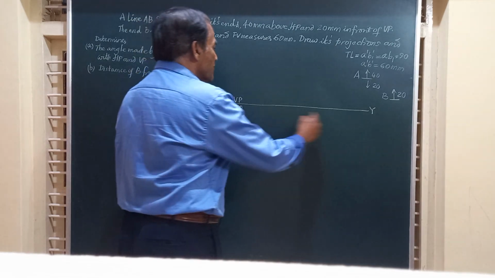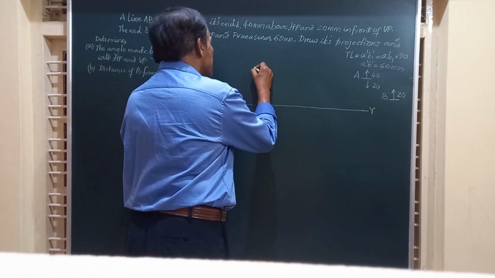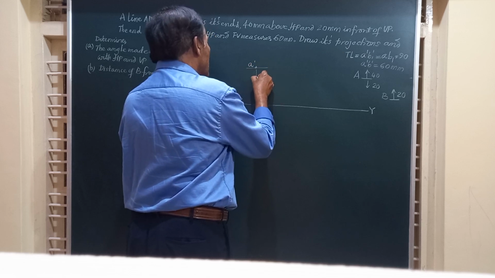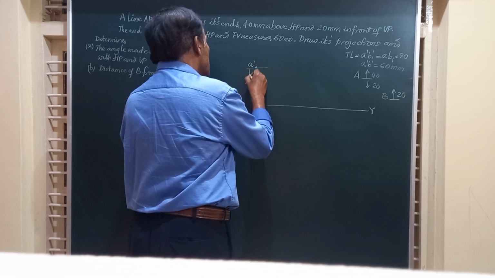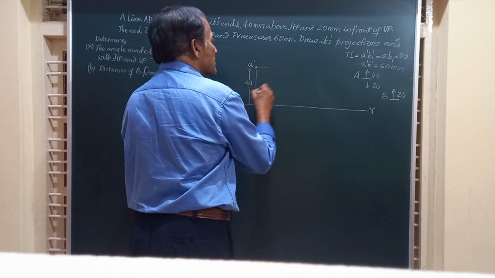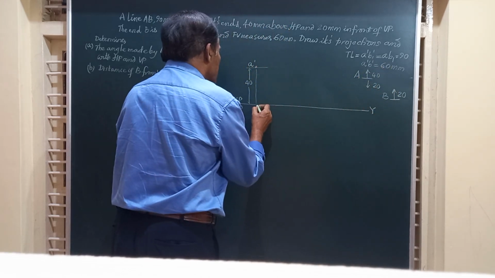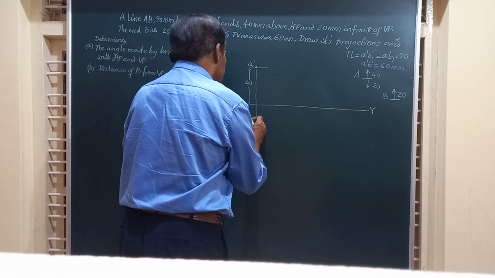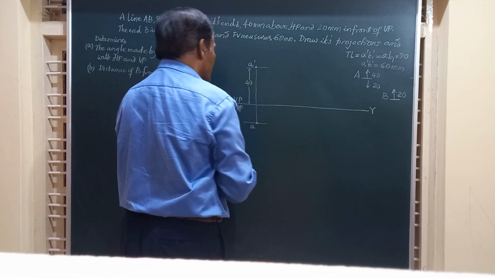So we'll draw the XY line and mark the location of that end A, whose front view is A dash, and it is at a distance of 40 millimeter above HP and is 20 in front of VP. On the same line, I extend it downwards and call this point A, the top view of the end A of the line.